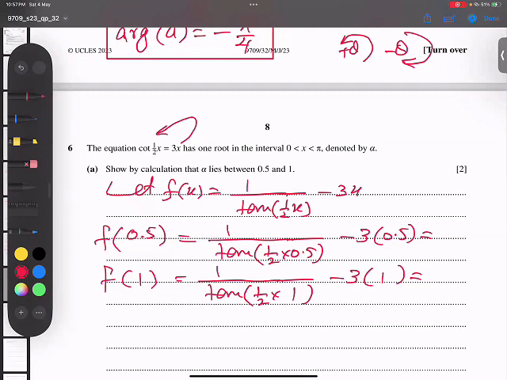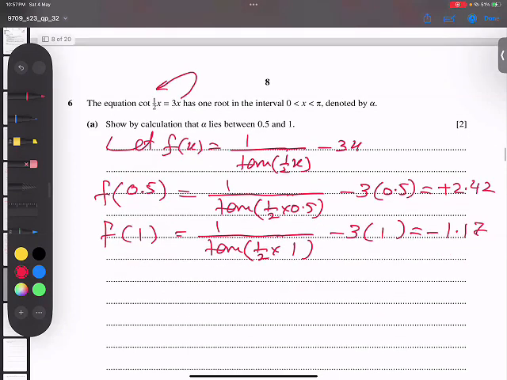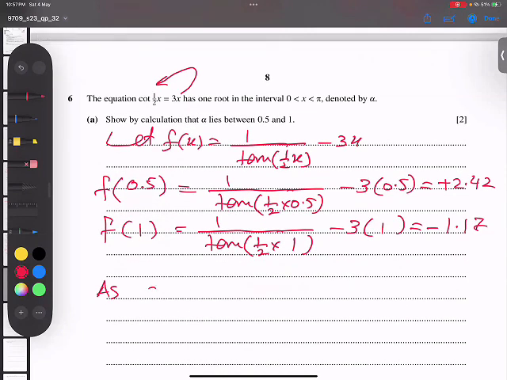I got the first answer positive 2.42. In the same manner, I will plug in 1, and I'm getting the answer negative 1.17. Just write a statement: as the sign changes, the root lies between these two numbers.